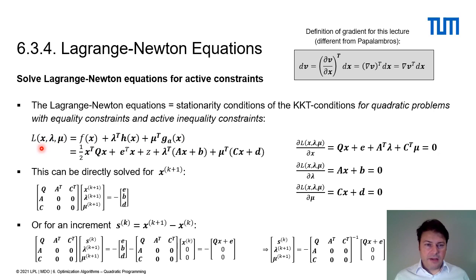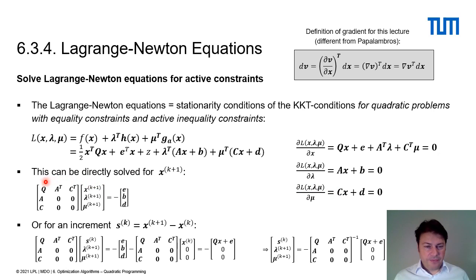And we do that by looking at the Lagrangian function and replacing the objective function and the constraint functions by the expressions of the problem statement. And then take first order derivatives with respect to the design variables, the Lagrange multipliers, and set these expressions to be equal to 0.